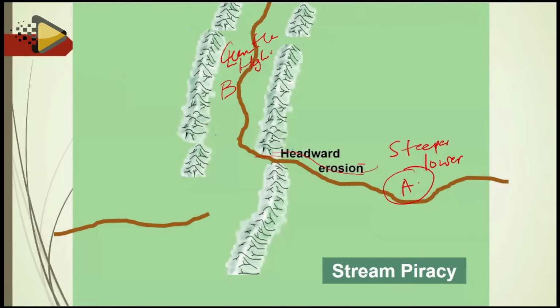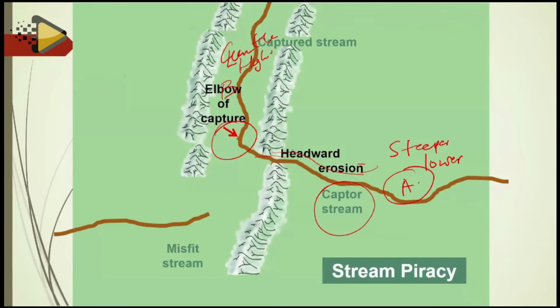We must be able to label the features of stream piracy. Number one, the point where these streams joined is called the elbow of capture. The river that has taken water of another stream is called the captor stream. The stream that has been diverted towards the lower lying area is called the captured stream. The stream that no longer receives water is called a misfit stream.